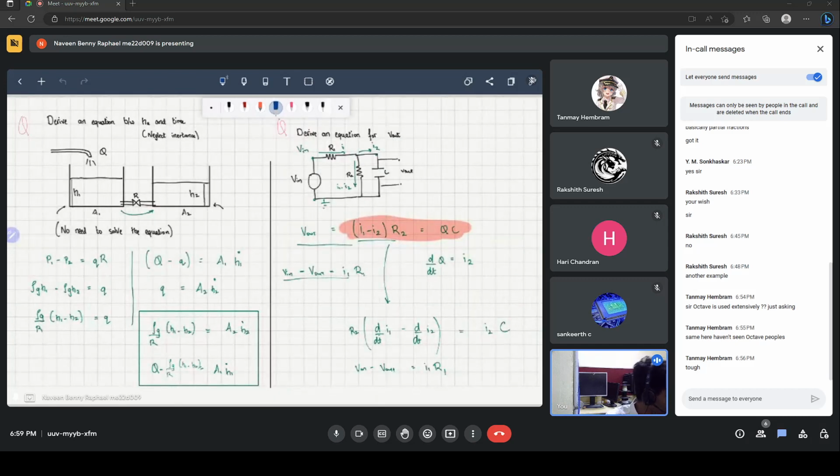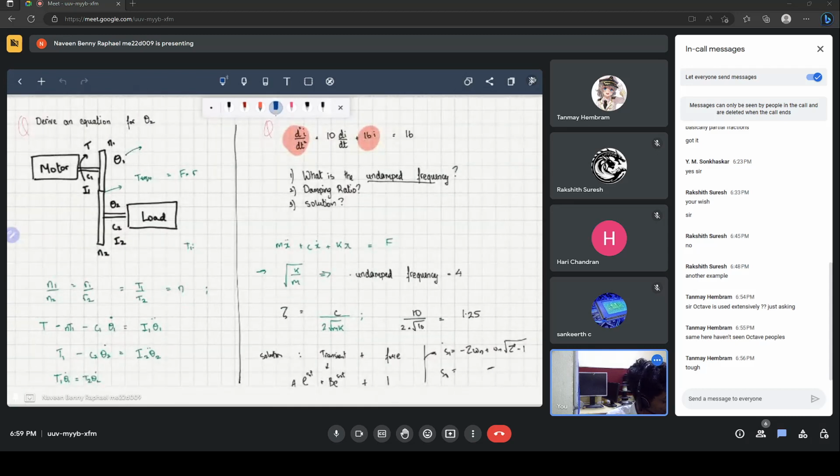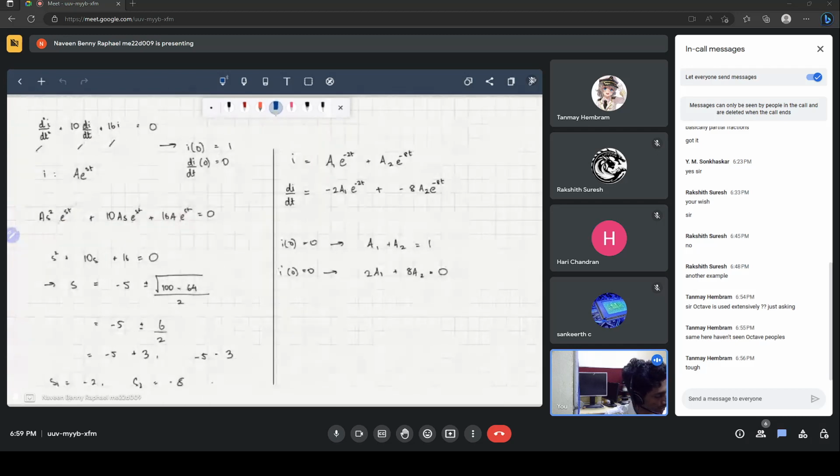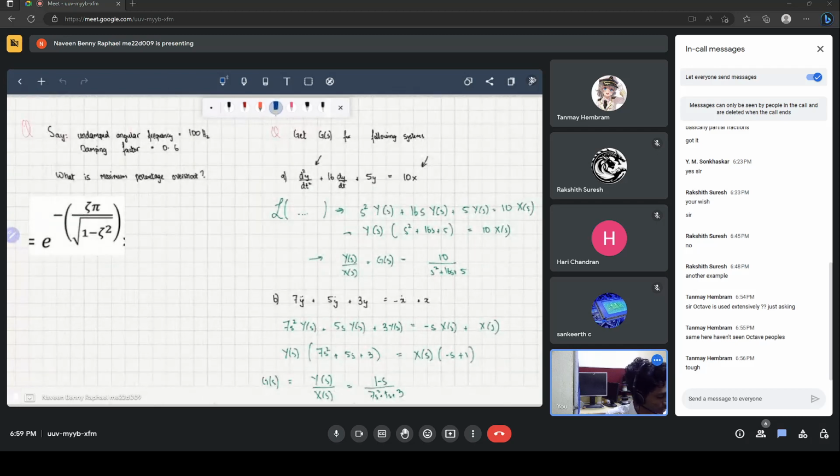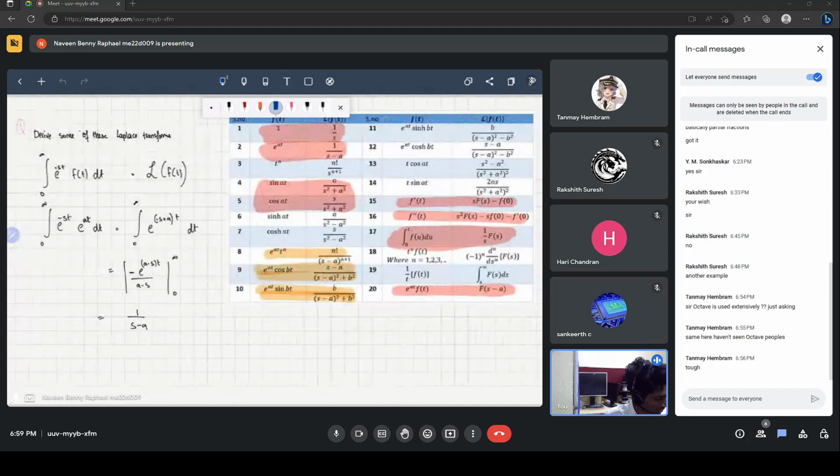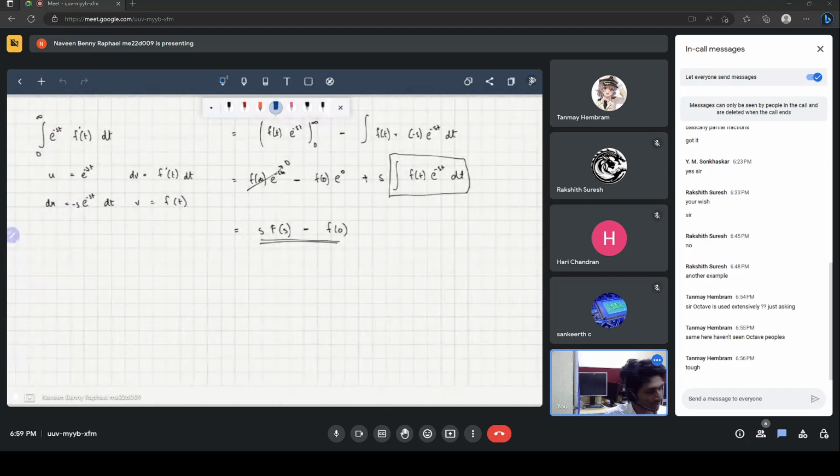We first solved a couple of questions on modeling the equations. I will come back to this question next week, and we looked at this equation, the undamped frequency and damping ratio, saw a lot of questions, and then we concluded.